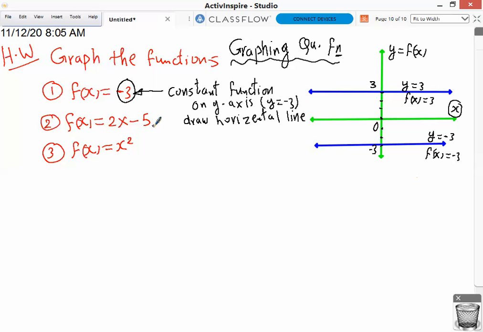And you know that for the second, what does it mean? Linear function.